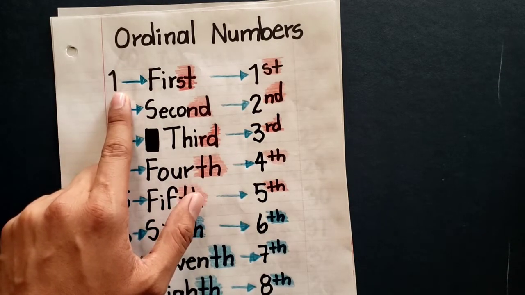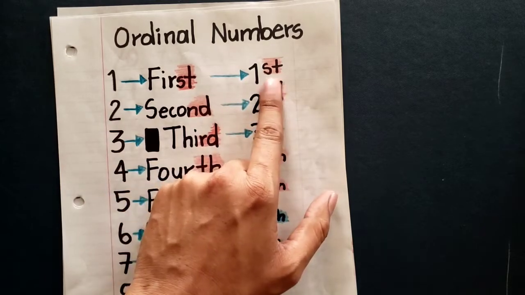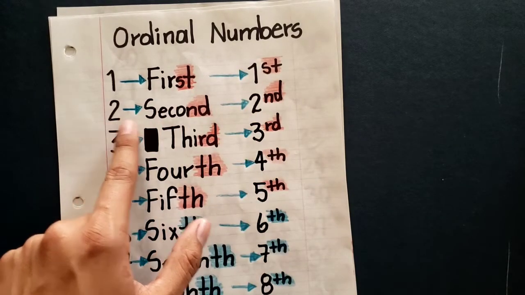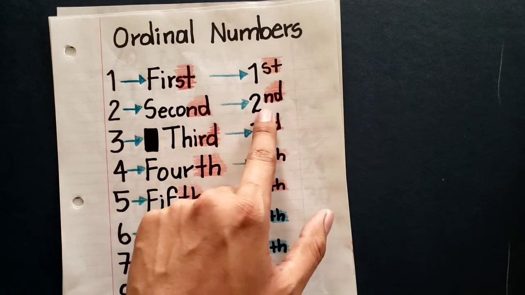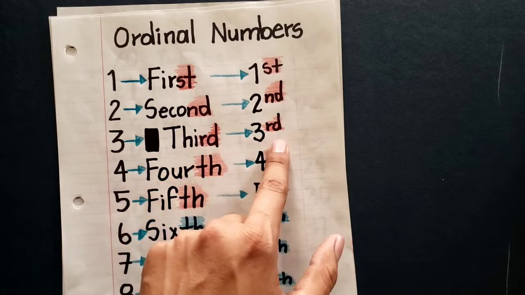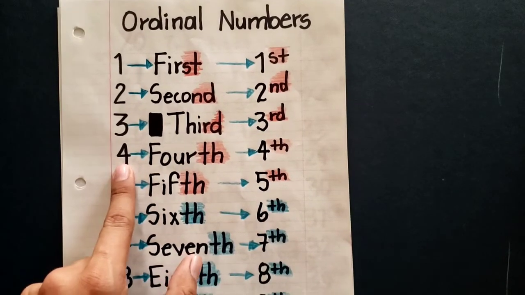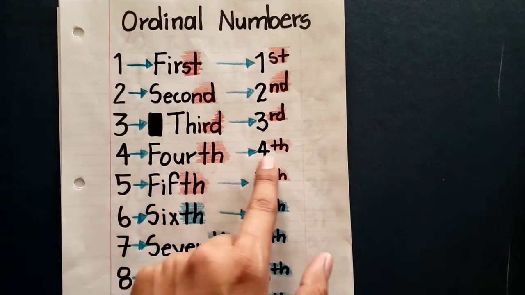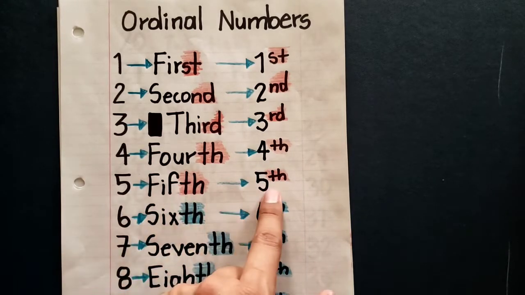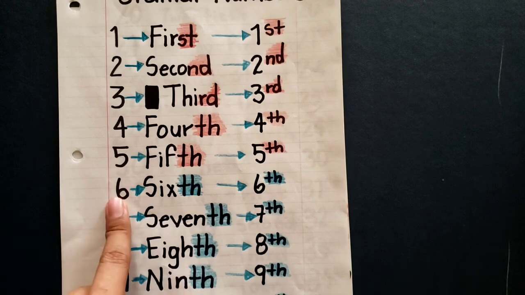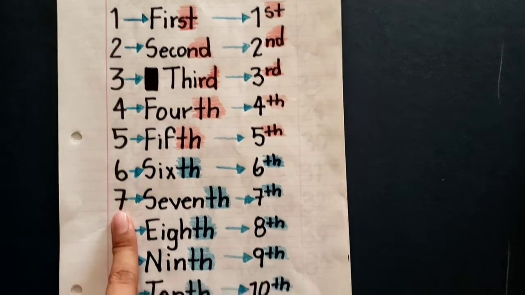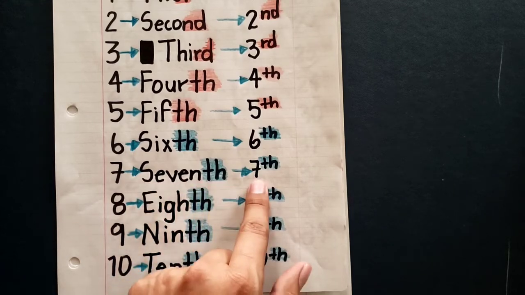Cardinal 1, ordinal first; cardinal 2, ordinal second; cardinal 3, ordinal third; cardinal 4, ordinal fourth; cardinal 5, ordinal fifth; cardinal 6, ordinal sixth; cardinal 7, ordinal seventh.